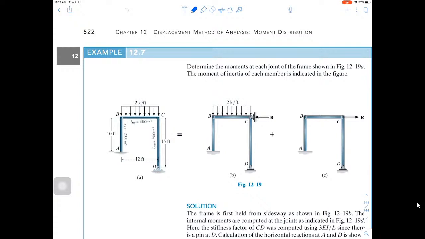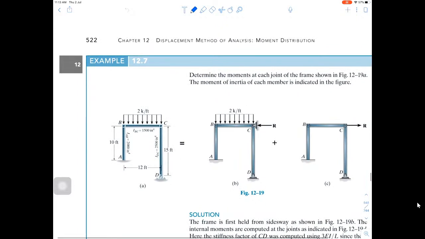In this frame, the beam BC is subjected to a uniformly distributed load, and the frame is unsymmetrical due to the geometry of the column, because column AB and column CD are not the same length. Okay, let's say I want to use this one.